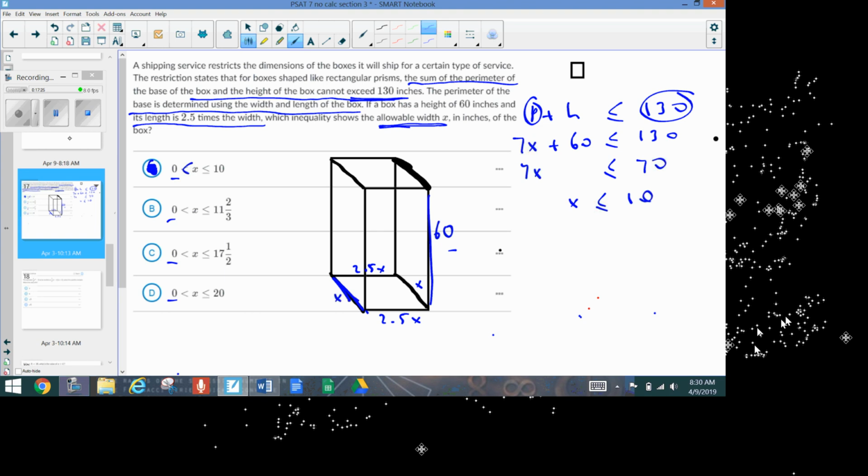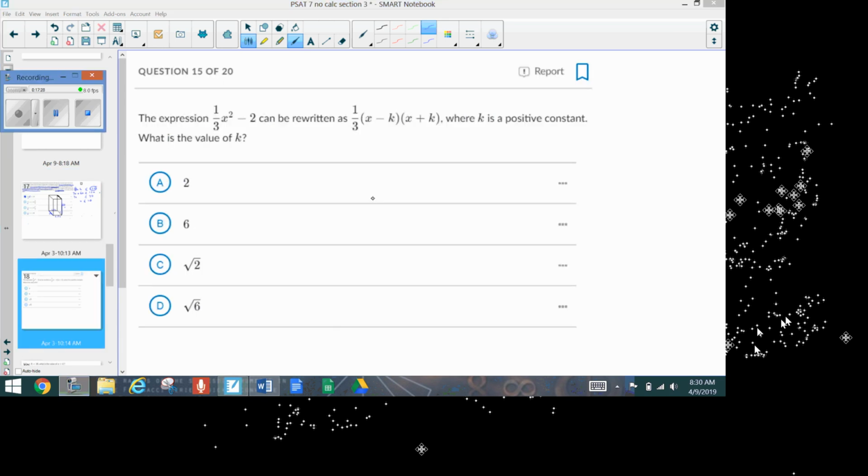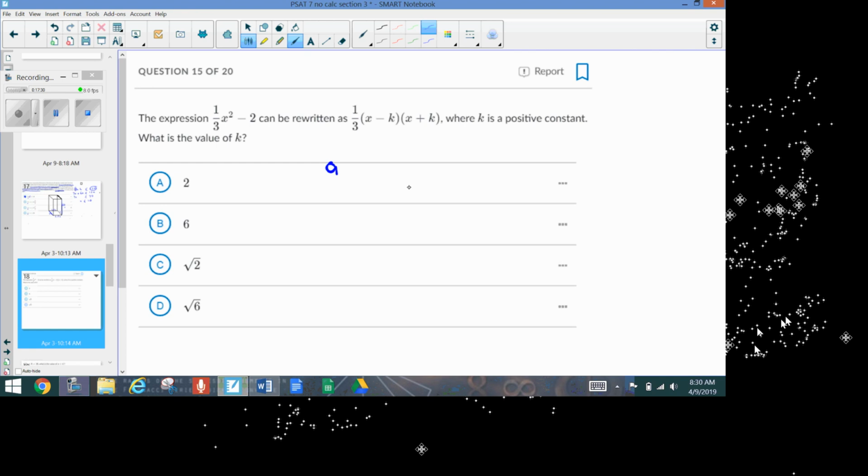Make sense? This question is related to the difference of squares. Who remembers that? Go ahead, tell me the formula. a squared minus b squared is equal to... I forget. a squared plus b squared is c squared in geometry, the Pythagorean theorem.